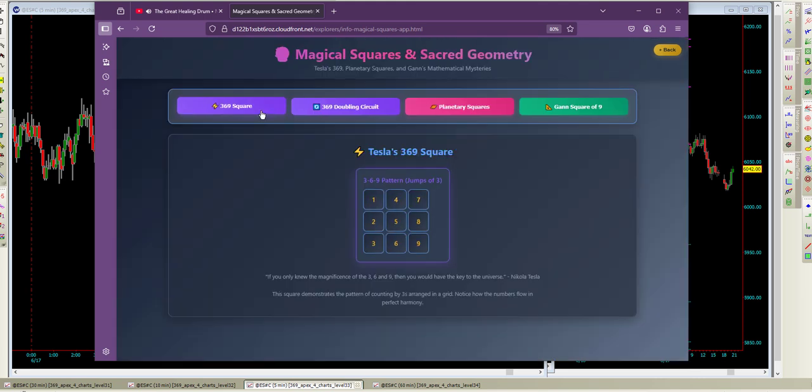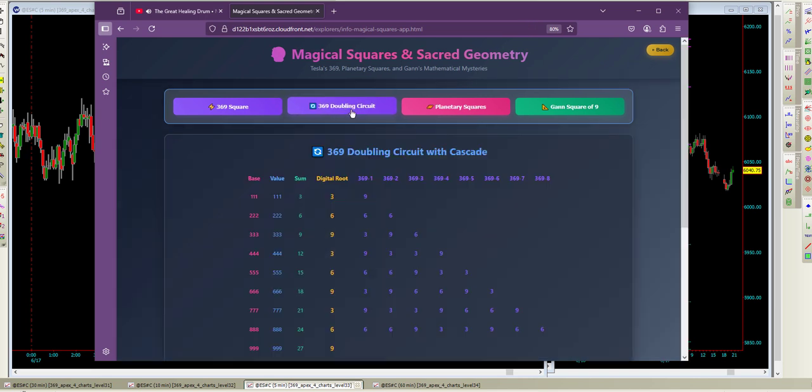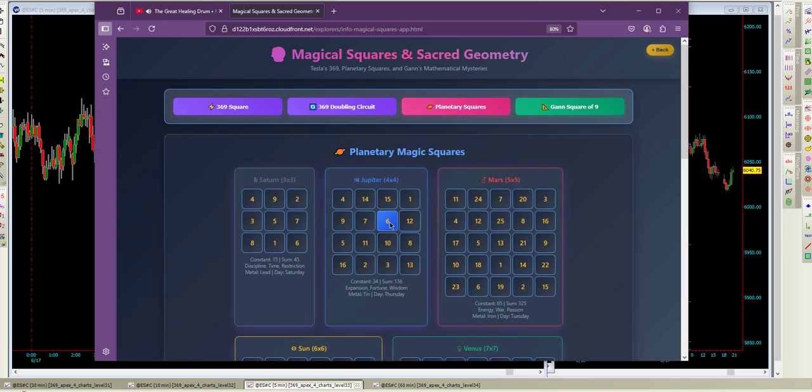But what we talk about is the simple square of jump of 369, 147, 258, 369. Adding all this together on the right side gets you 369. Remember, this is a magical square. This is the 369 magical square. And then we have other planetary magical squares.